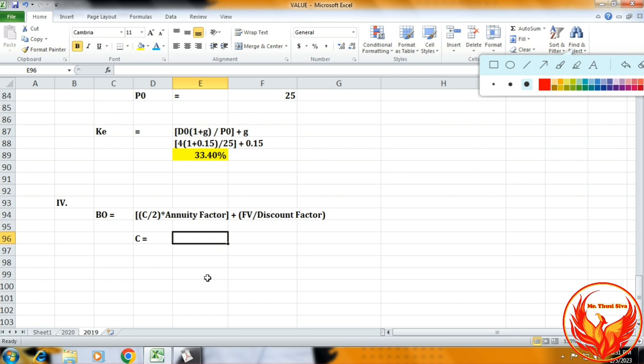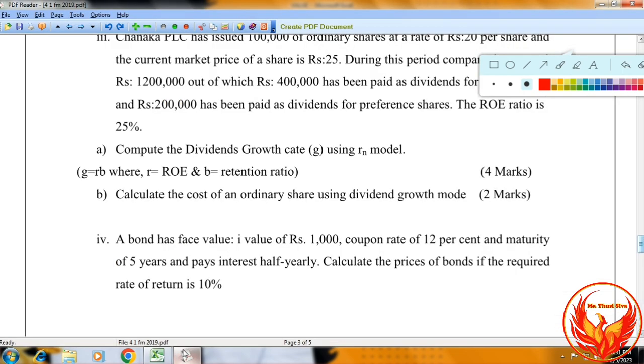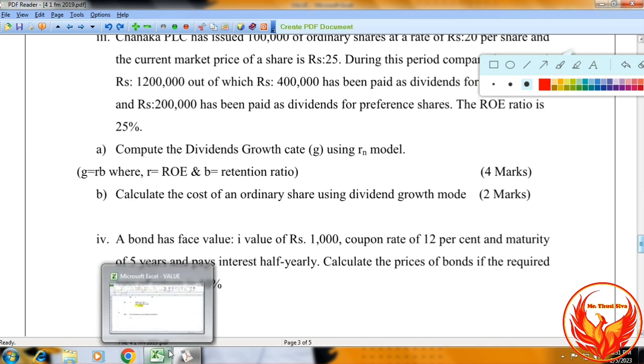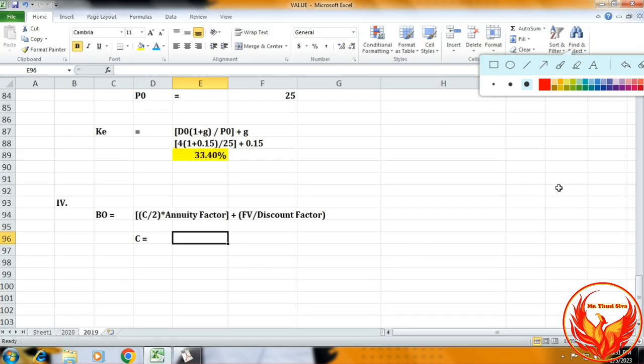First we have to calculate the coupon payment. Coupon rate of 12%, face value of the bond 1000 rupees. So 1000 into 12%. The answer, C equals 120 rupees.